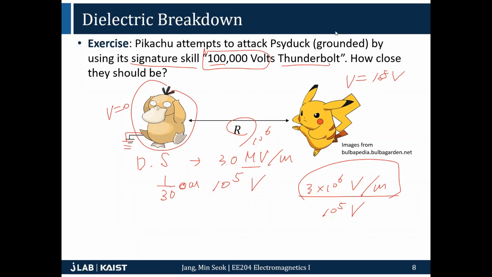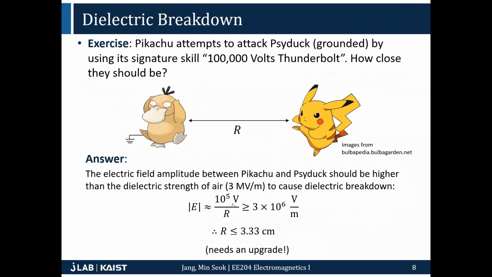So I would say I cannot even call this a range attack, right? 3.33 centimeters, you'd better just punch your opponent. So that's why you need an upgrade, right? If your Pikachu becomes a Raichu, this becomes, I forgot, like 10 to the 8 volts based on their name.